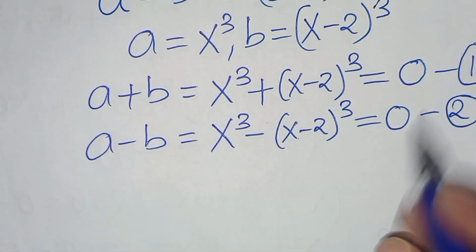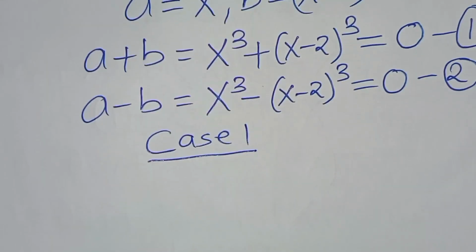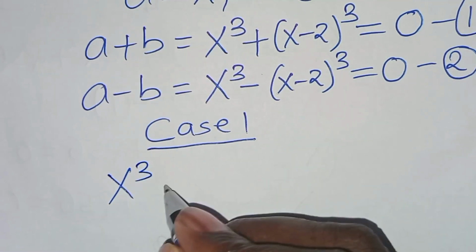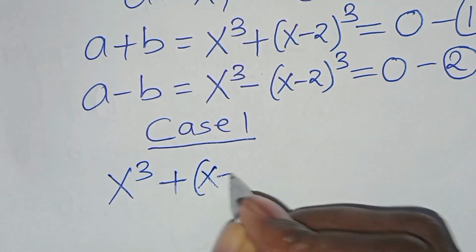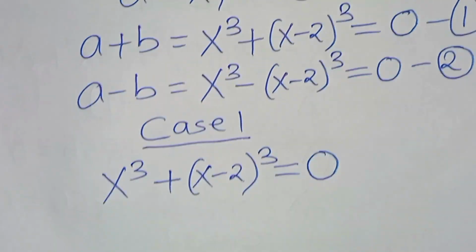Let's start with equation 1. I can call this one case 1. Here we have x to the power 3 plus (x minus 2) to the power 3 equal to 0.